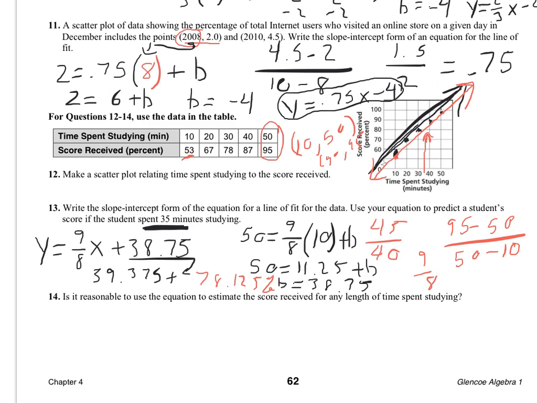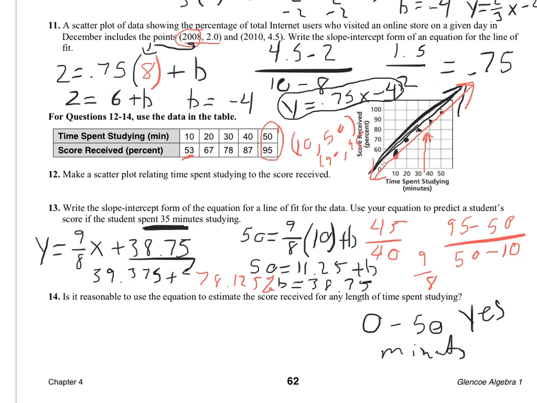Is it reasonable to use the equation to estimate the score received for any length of time spent studying? This one is one of those you've got to think about. From anywhere from 0 to 50 minutes, yes, it's okay to use this model. However, look at our graph.